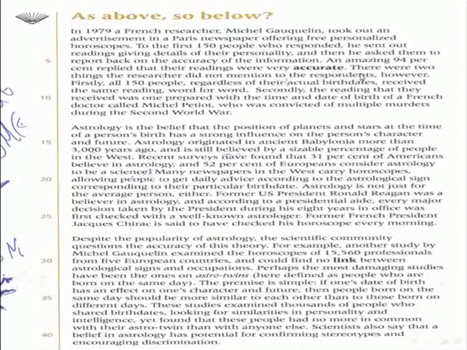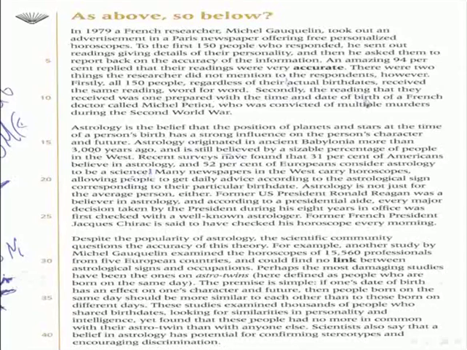Right? There were two things the researcher did not mention to the respondents, however. Firstly, all 150 people, regardless of their actual birth dates, received the same reading, word for word.